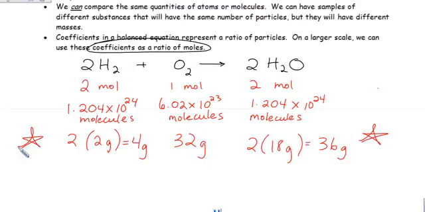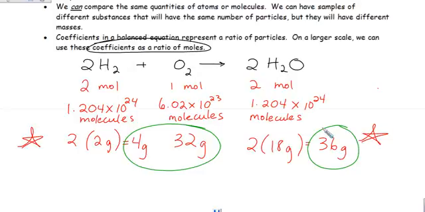And look at this. The law of conservation of mass still applies. If I have a total of 36 grams on the reactant side, bingo, we have 36 grams of product. It's magic, huh? The law of conservation of mass still wins. Now here's the only thing that does not fly.